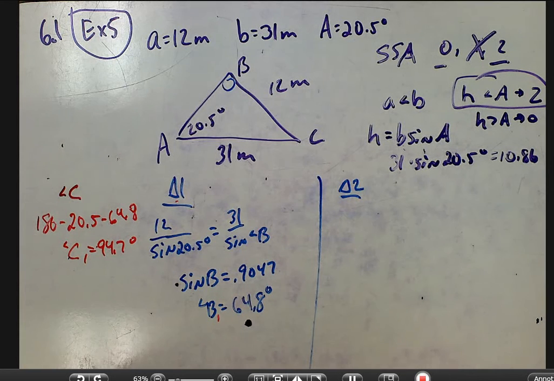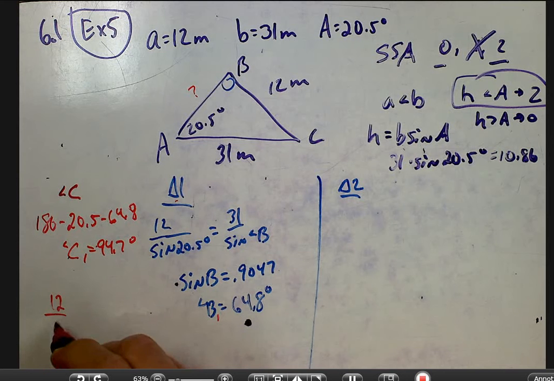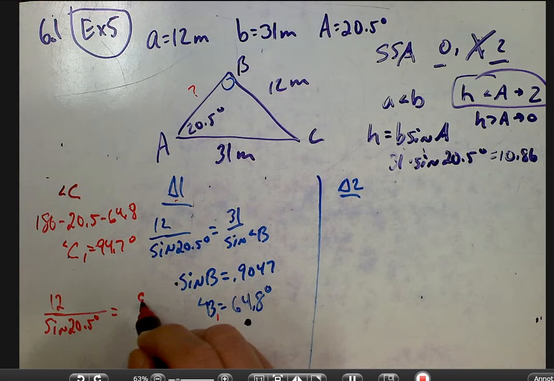The only thing I need now is side C, and so I can go again with 12 over the sine of 20.5 degrees equals side C over the sine of 94.7 degrees.